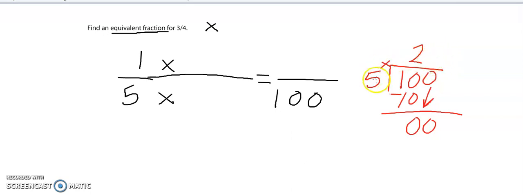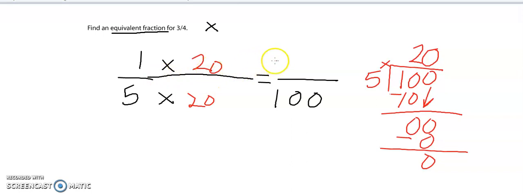No. So what's the magic number that I can put in there? Correct, 0. So 0 times 5 gives me 0, and I subtract, and I end up here. So 20 times 5 gives me 100. So now I found my missing factor. So 5 times 20, 1 times 20, gives me 20.